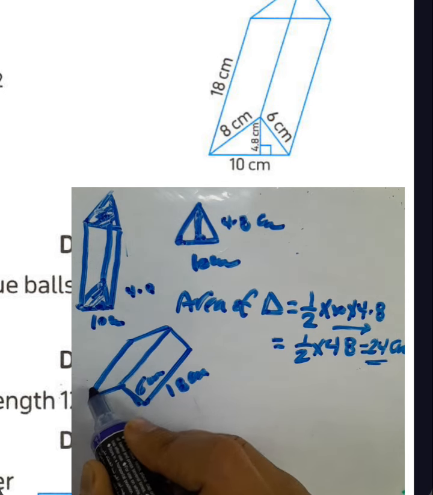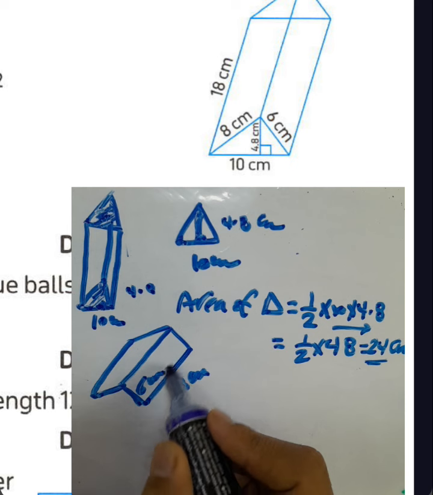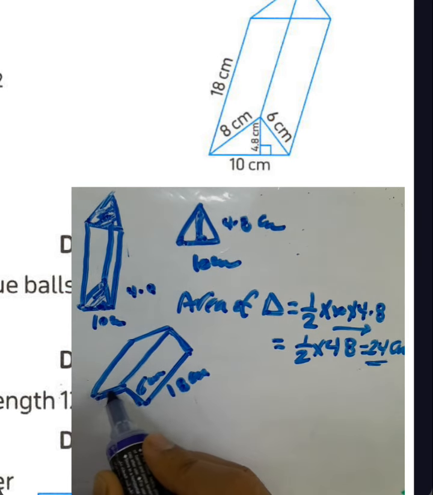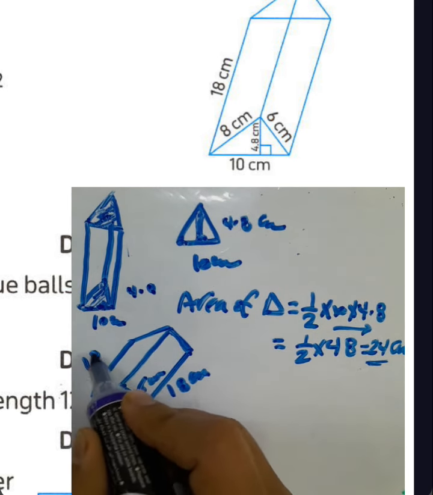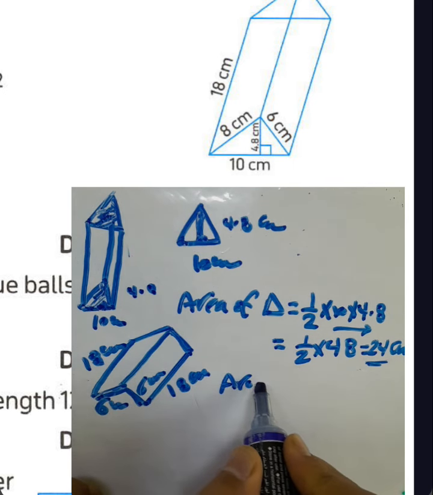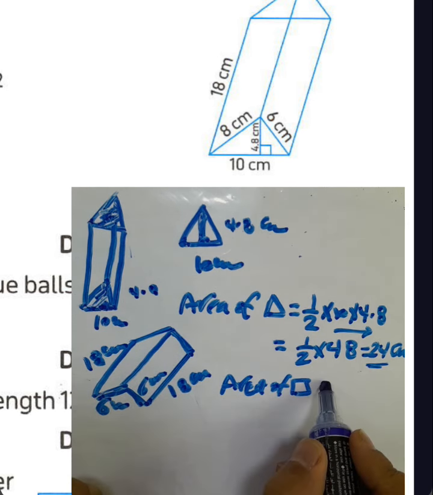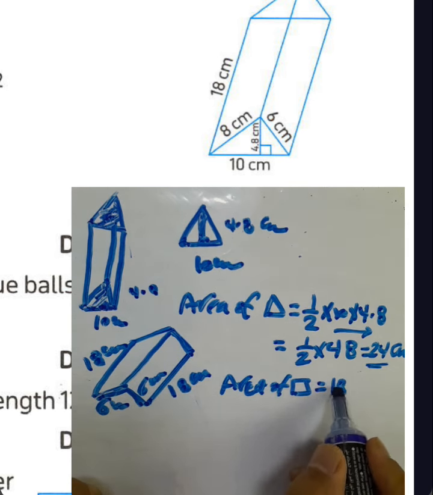side here, we have another rectangle with equivalent dimensions. The length was 18 centimeters and the width was 6 centimeters. Then the area of this rectangle equals length product by width.